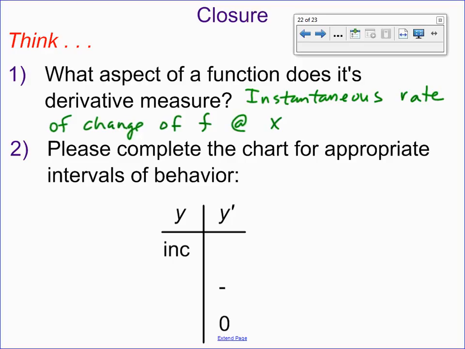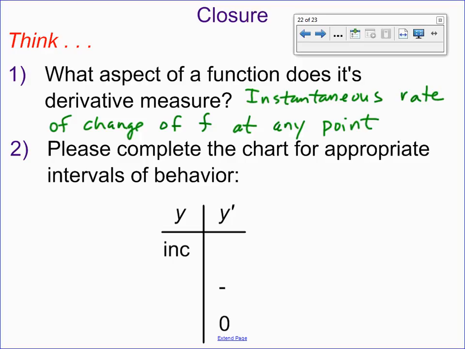We can quantify that as the slope, right? The slope of the graph at any point x equals c.